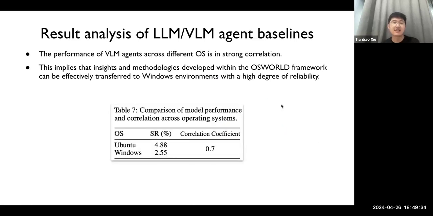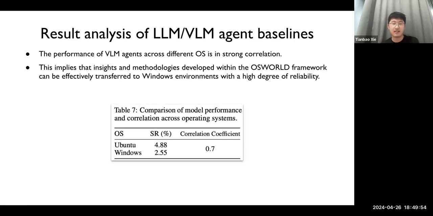We also did some experiments not only on the Ubuntu operating system, but also on the Windows operating system. We found that the performance of the visual language model across different operating systems is in strong correlation.